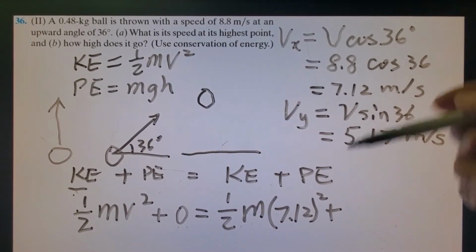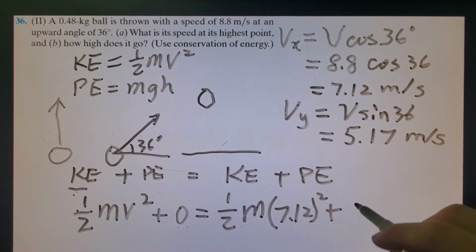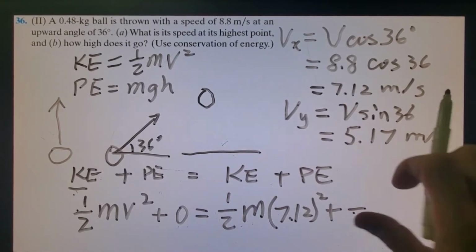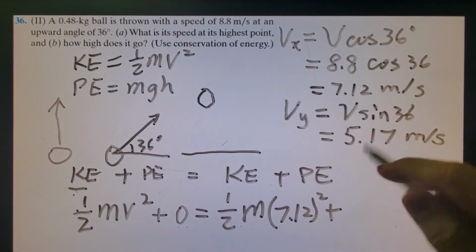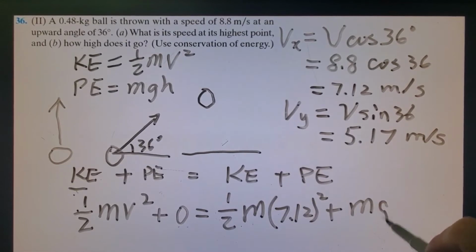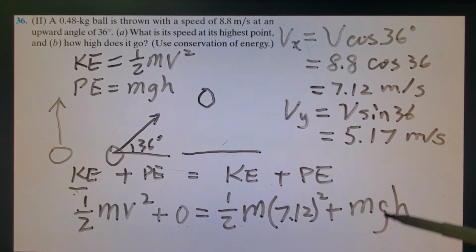Potential energy over here is equal to mgh. Now it's looking for the speed at the highest point.